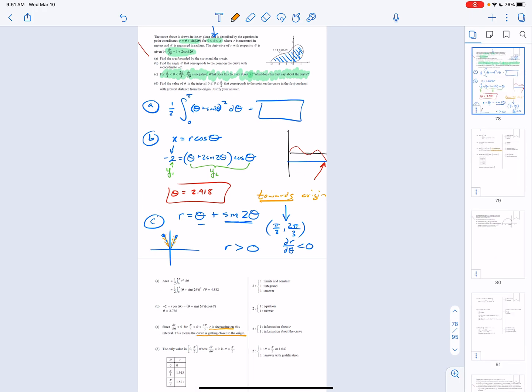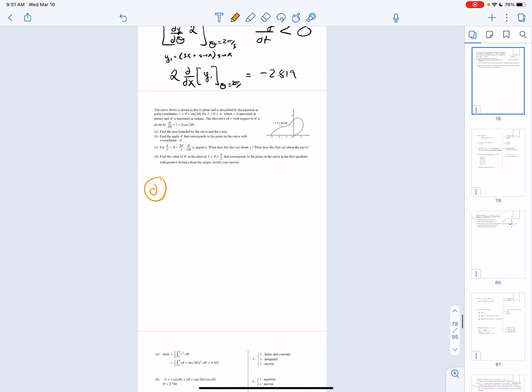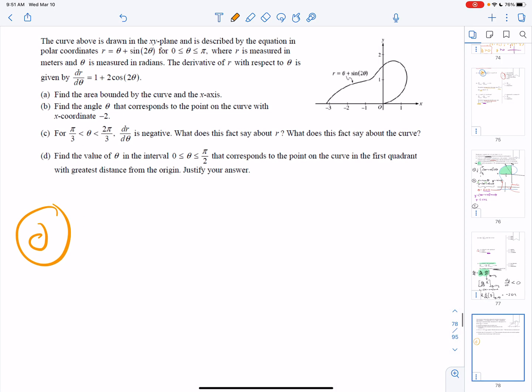A little bit more space for part D. Okay, find the value of theta somewhere between 0 and pi over 2 that corresponds to the point on the curve in the first quadrant with greatest distance from the origin. So if you're comparing something from the origin, you're looking at the r, the radius, okay? And greatest distance is another word for maximum distance.